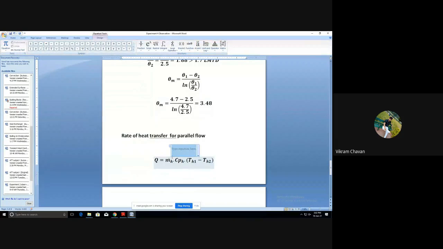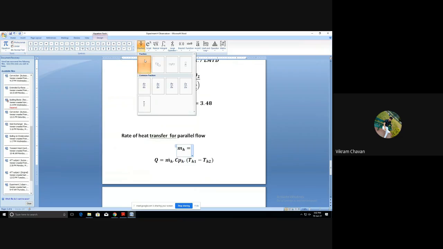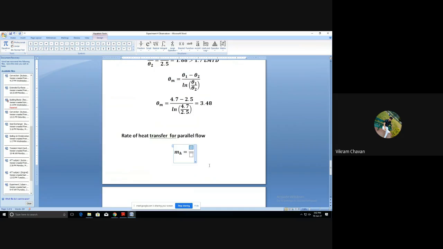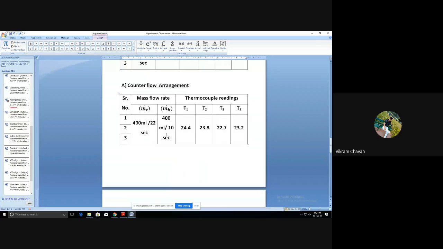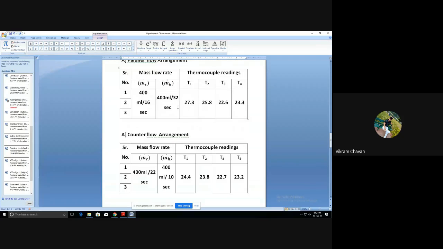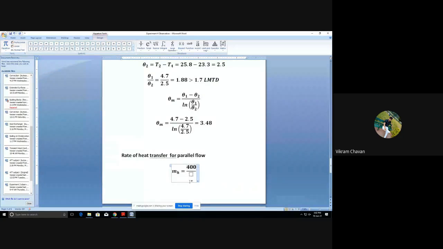We know m dot h is equal to 400 ml divided by 32 seconds. We have to convert it into kg per second.